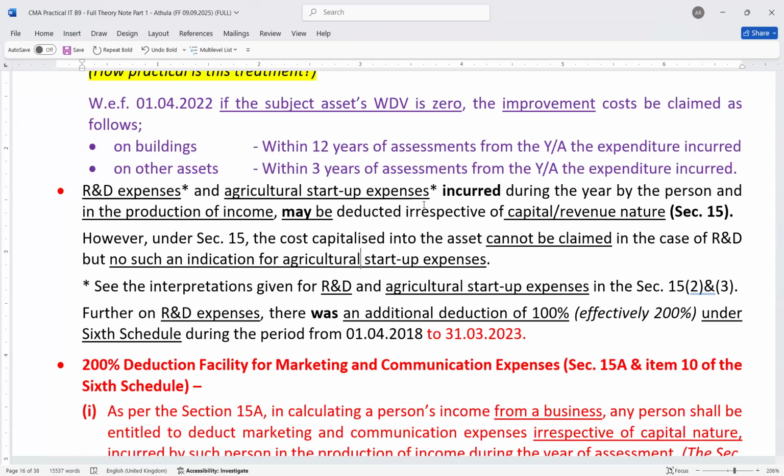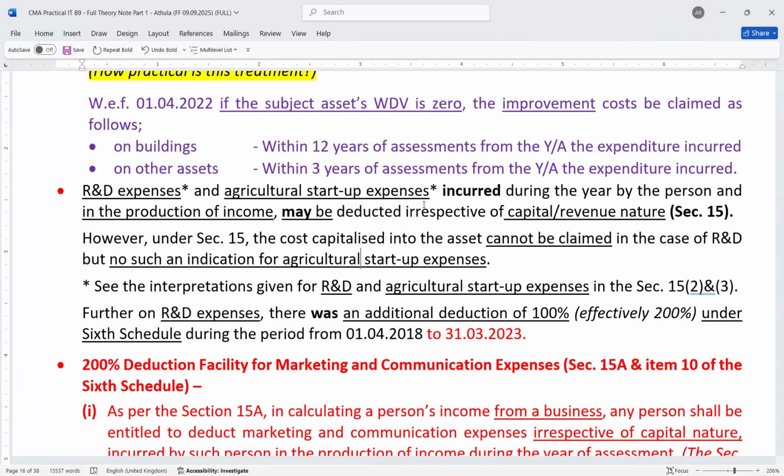However, under section 15, the cost capitalized into the asset cannot be claimed in the case of research and development. Now, in the case of research and development, some costs you may be capitalizing, putting into PPE. To do research and development, say you imported lab equipment, you fix the lab equipment, then you capitalize the lab equipment.